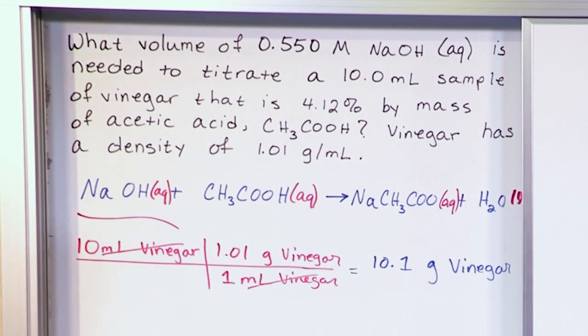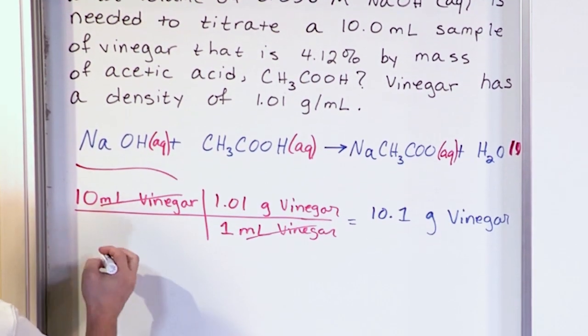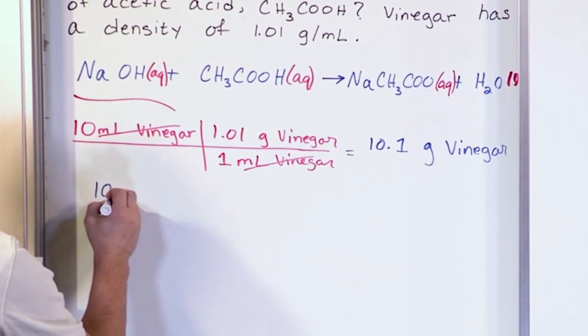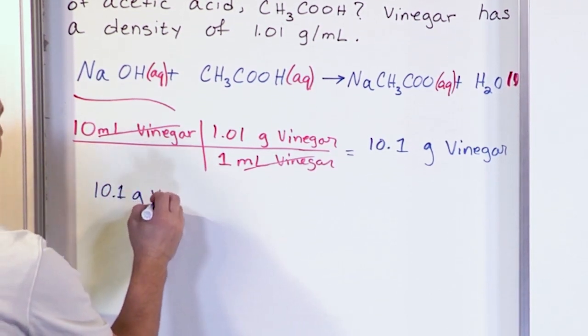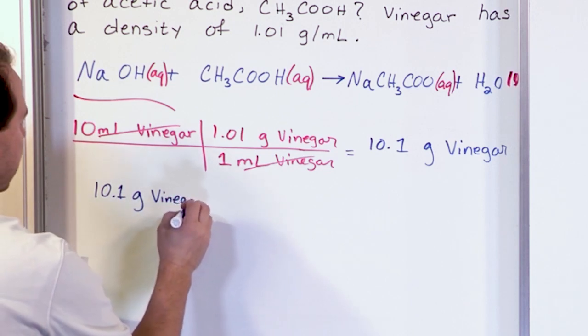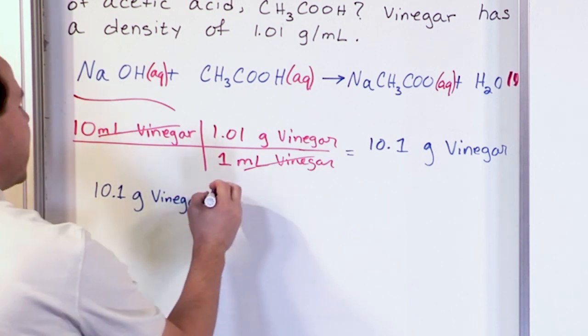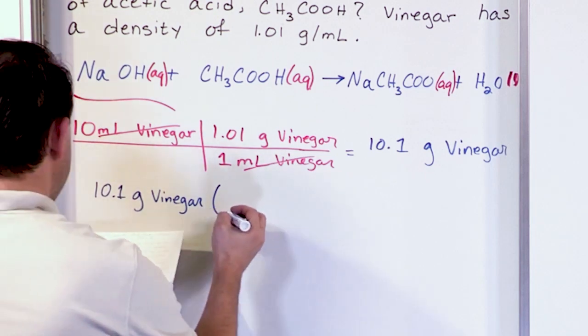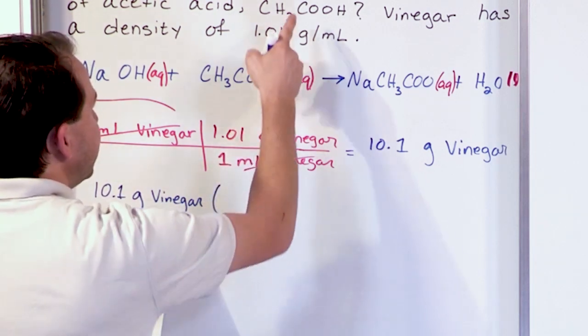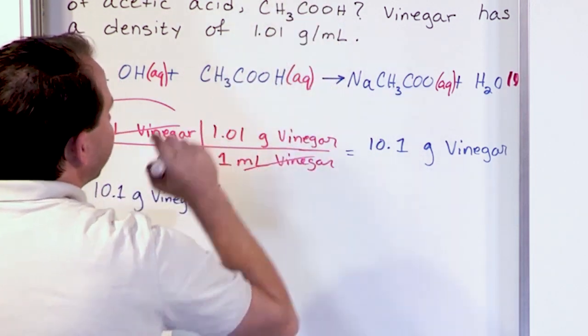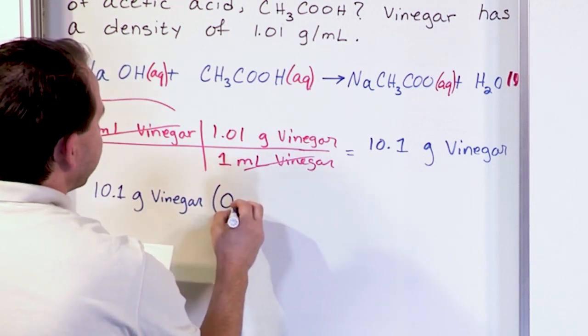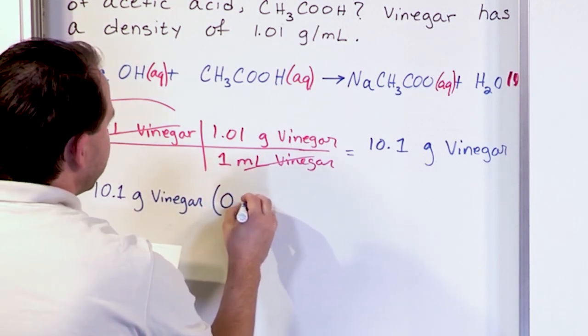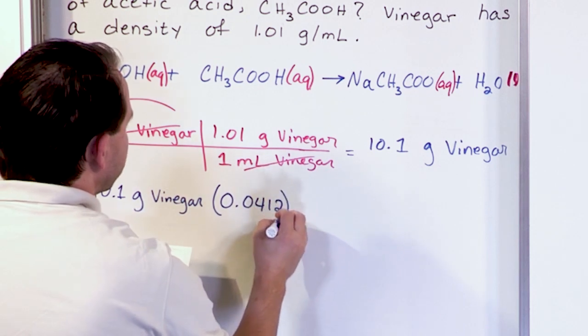So what I can do is, I know how much vinegar I have. I have 10.1 grams of vinegar. Now if I multiply that number by, you don't want to multiply by 4.12, because with percentages you always want to convert to decimal, 0.0412.